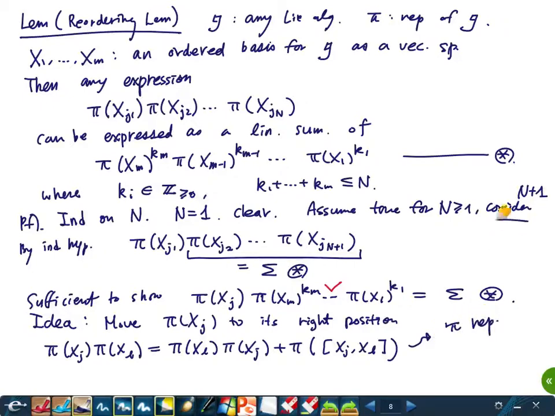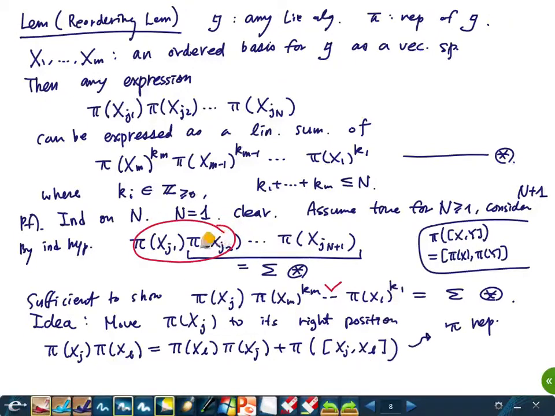So we have something like pi of xy equals pi x pi y, but the bracket here is the commutator. So if you rewrite this, you will obtain this. So the idea is to rewrite this as the reverse of this plus one more term.